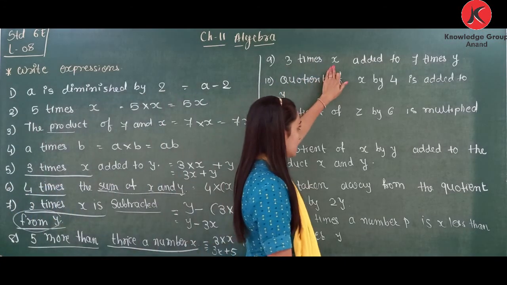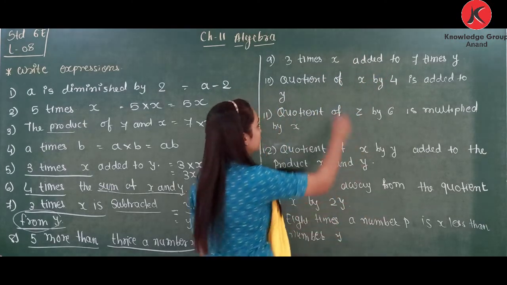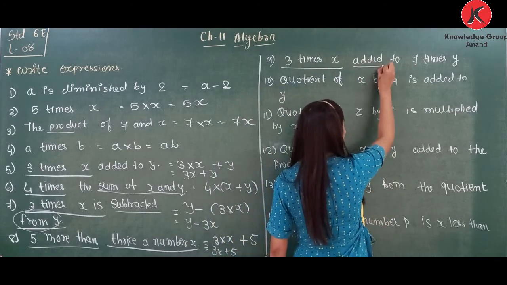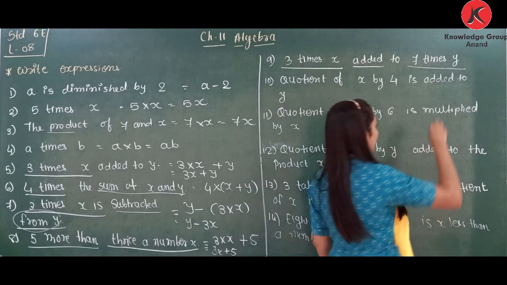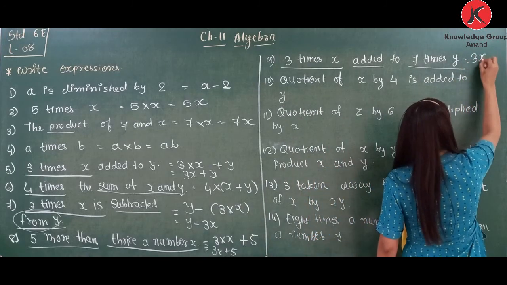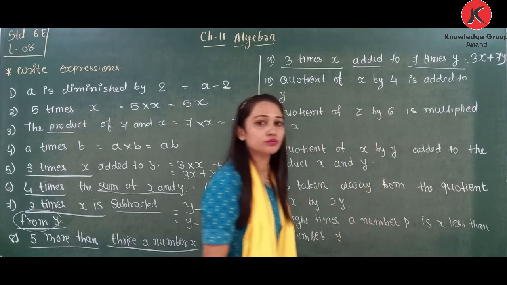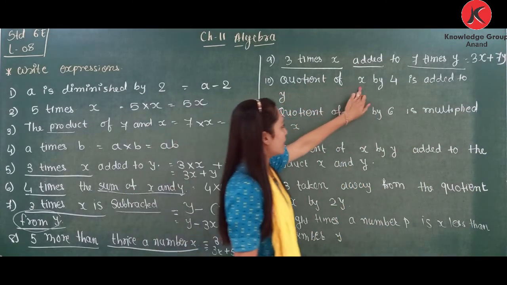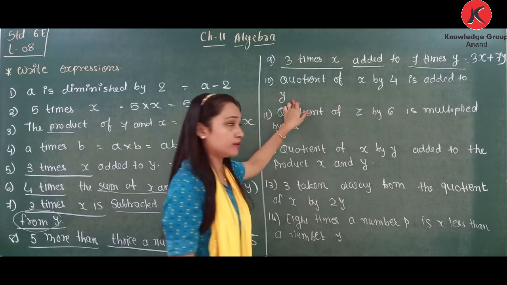3 times x added to 7 times y. 3 times x added to what? 7 times y. So here we can write 3 times x added to 7 times y. Next, the quotient of x by 4 is added to y.